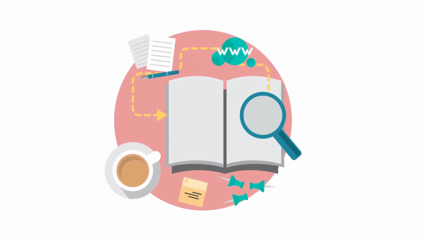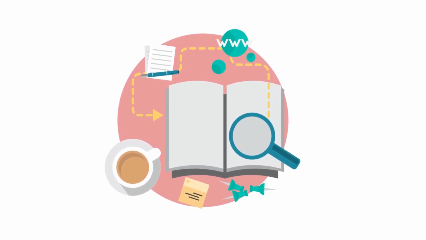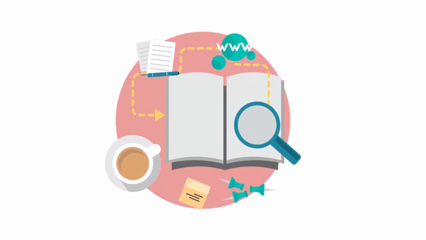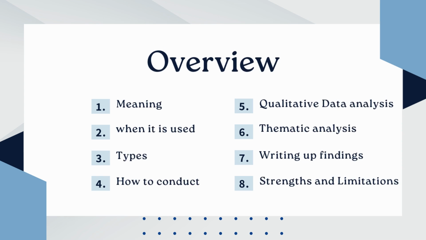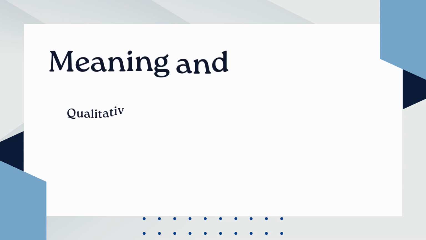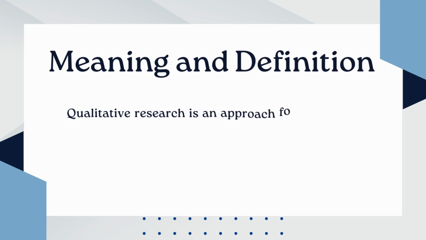It doesn't just record events, it listens, interprets, and gives voice to experiences that would otherwise stay invisible. Today, we are going to explore qualitative research, what it is, why it matters, and how it gives us insight into the worlds people create and inhabit. So, what exactly is qualitative research?